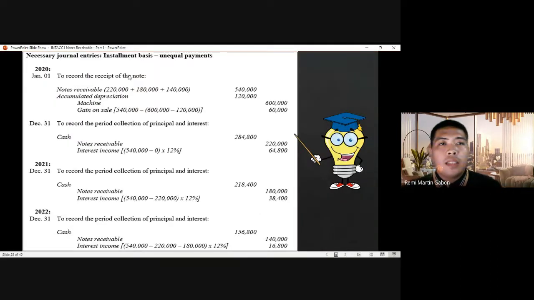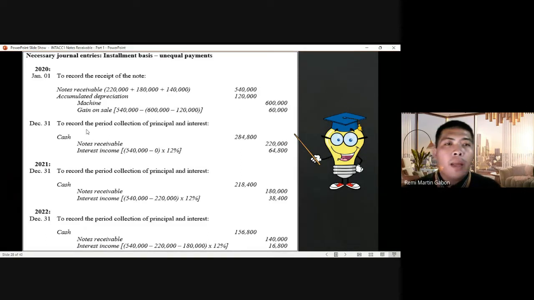To record the receipt of the note, debit notes receivable, 220,000 plus 180,000 plus 140,000, still 540,000. The accumulated depreciation, machine, and gain on sale are the same.